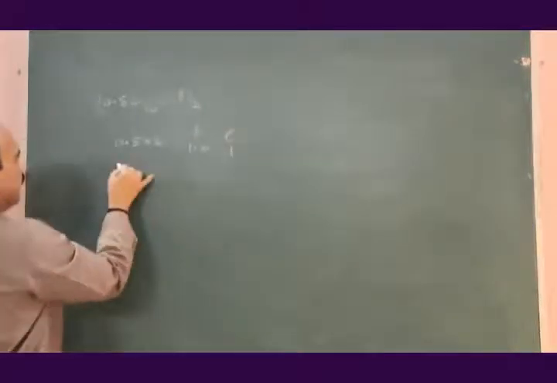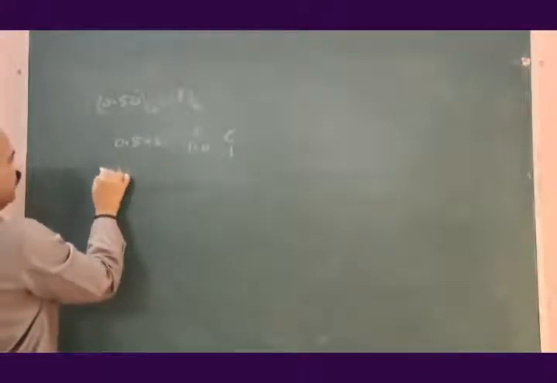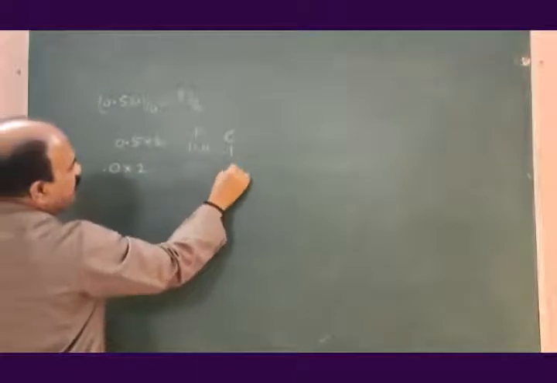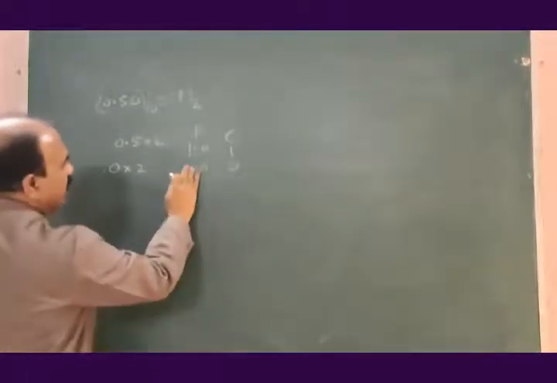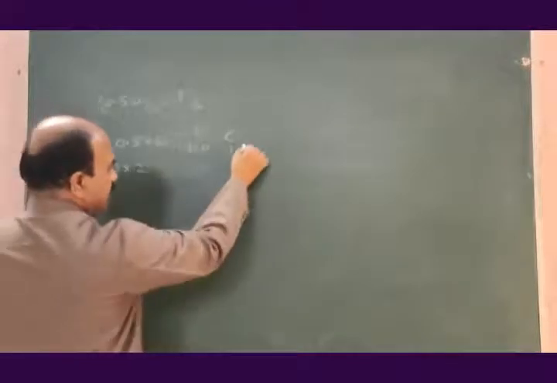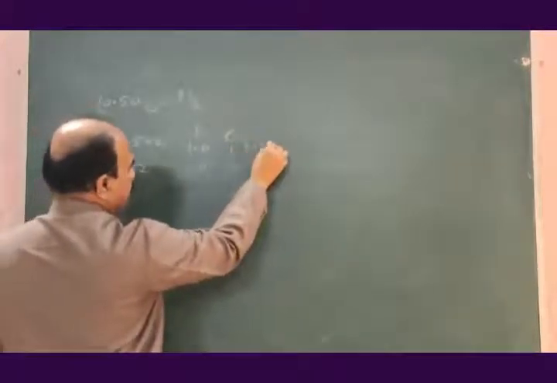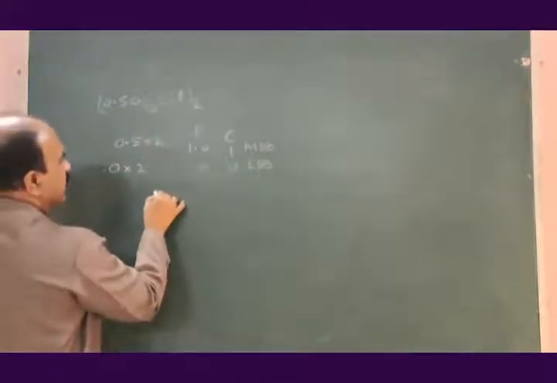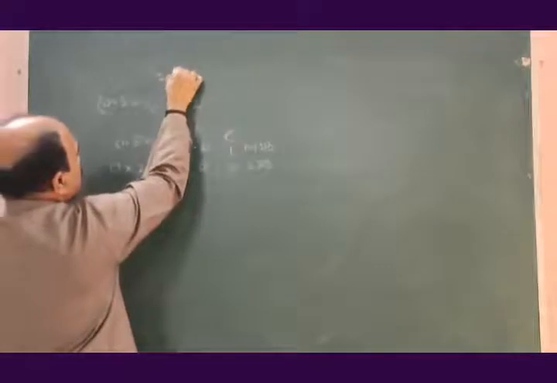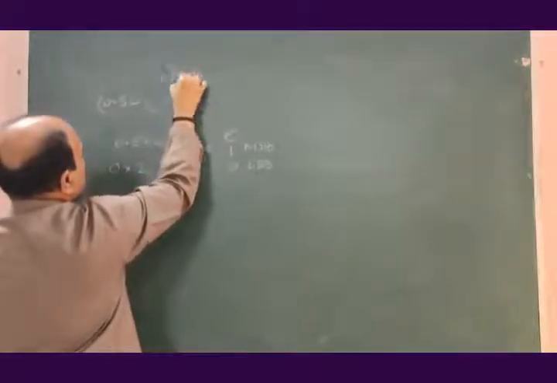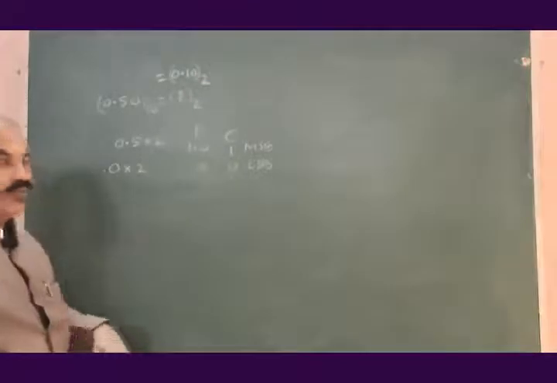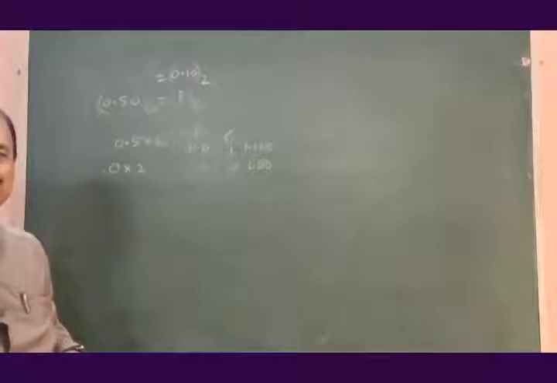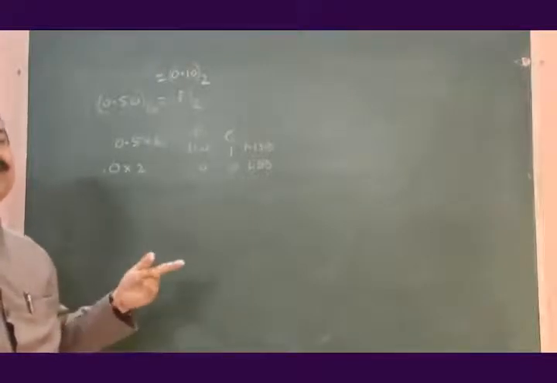Carry 1. 0.0 into 2, that will be 0, carry is 0, and so this will be MSB, this will be LSB, and 0.50 in decimal is nothing but 0.10 in binary.